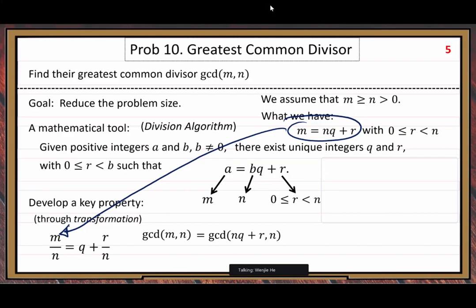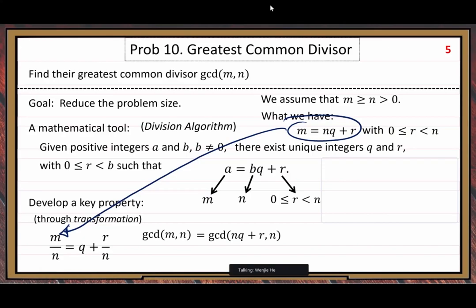But from this expression, we can see the common divisor between m and n is the same as the common divisor between r and n. Because this q term does not impact that common divisor, right? The q, integer part, has nothing to do with the common divisor. It is separated from the fraction.